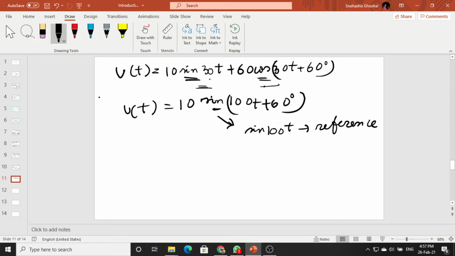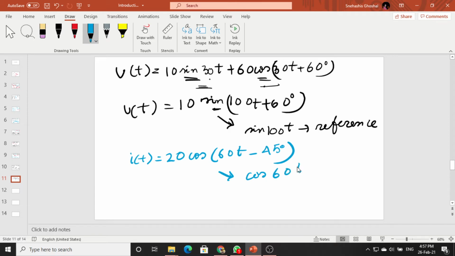Similarly, in a problem, if it equals 20 cos 60t minus 45 degree is given, then you have to take cos 60t as your reference.